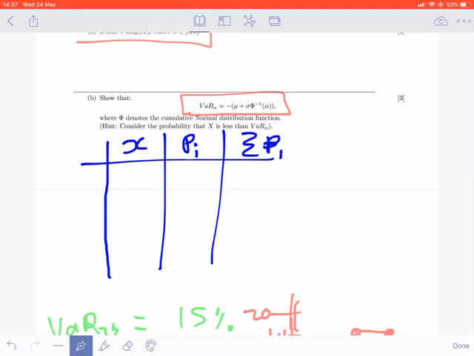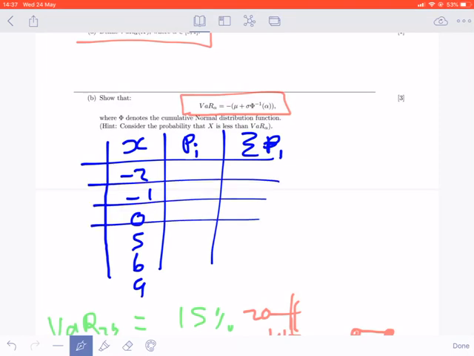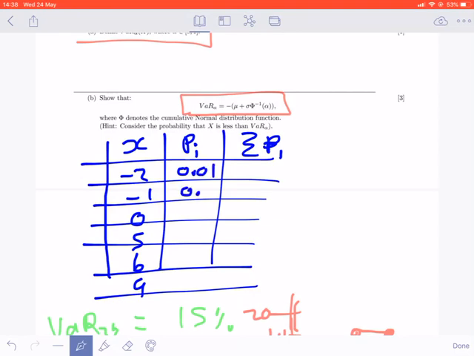Let's say for example you have returns of -2, -1, 0, 5, 6, and so on. The probability here will be 1%, here 4%, then this one would be 10%, and this one 20%.